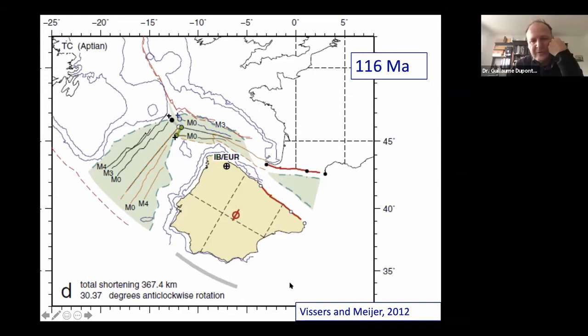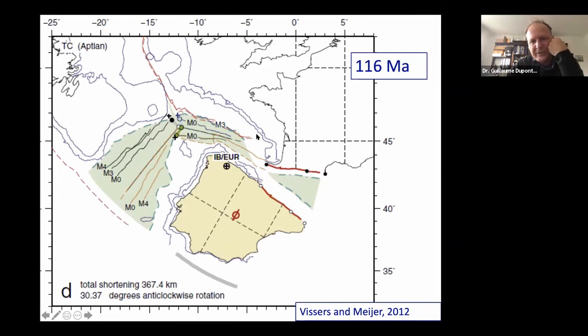Okay. Another thing that you can notice on these figures at the base here, it says total shortening and rotation. And this is talking about Iberia. And so the shortening between the Pyrenees, between France and Spain, which is expressed in the Pyrenees.